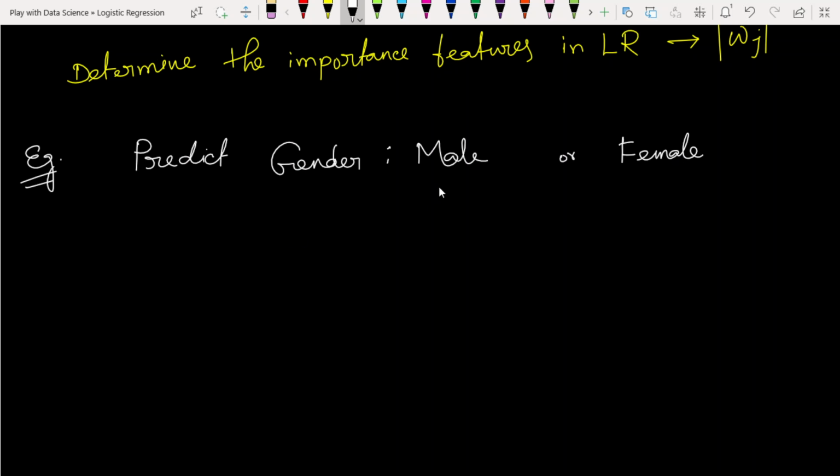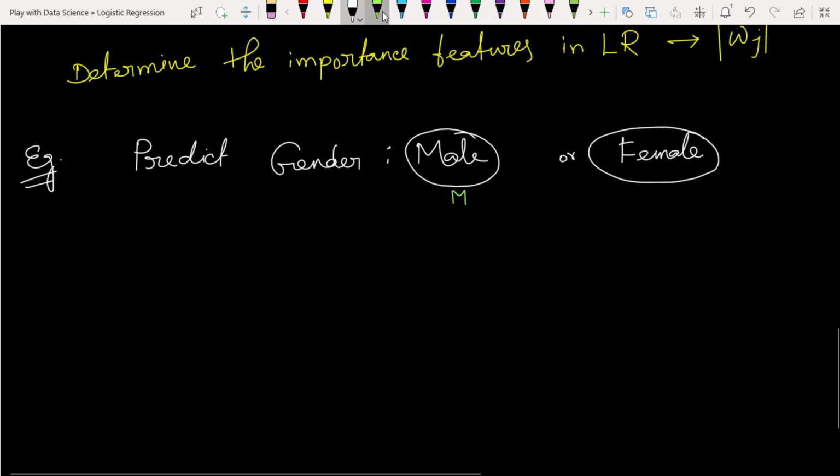Here we have two genders. Let's take M for male and F for female.